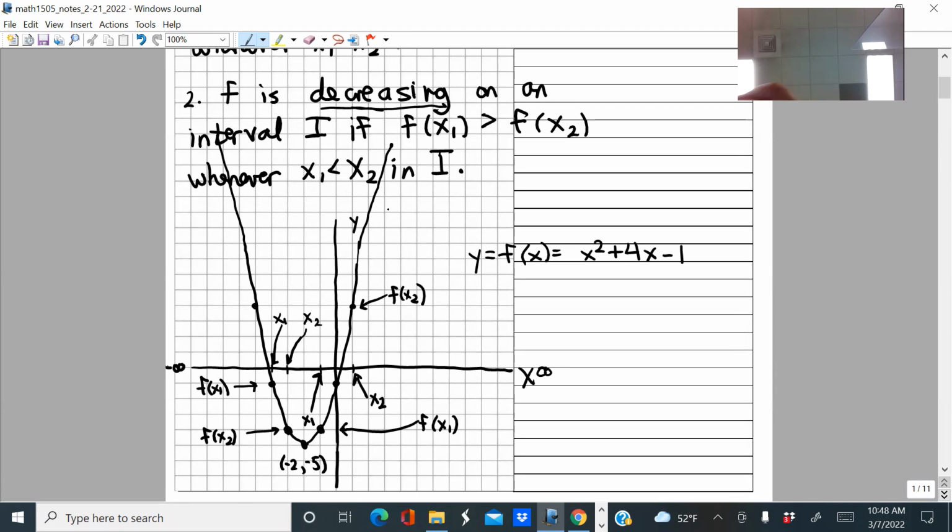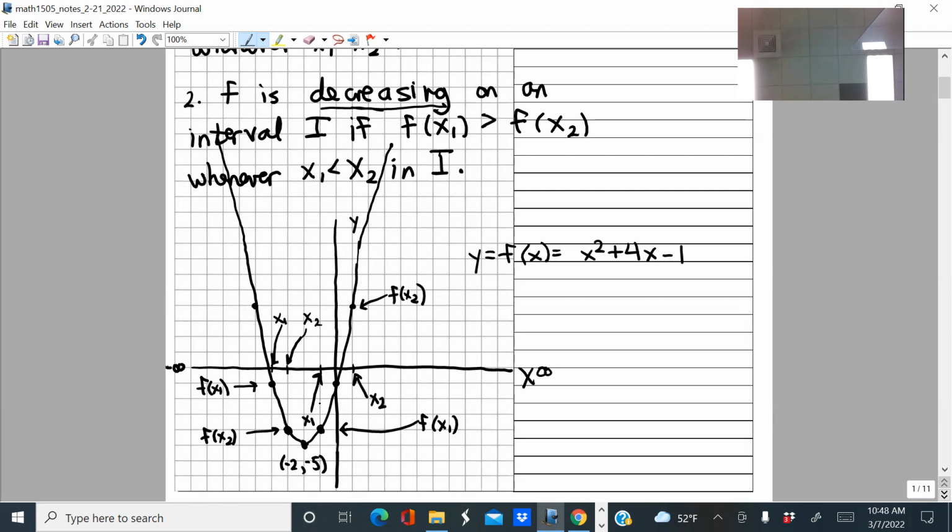Look here on the right-hand side of this curve. I picked out a couple of arbitrary x values along the x-axis. I called the first one x sub 1 and the second one x sub 2. And notice then that, here's x sub 1.